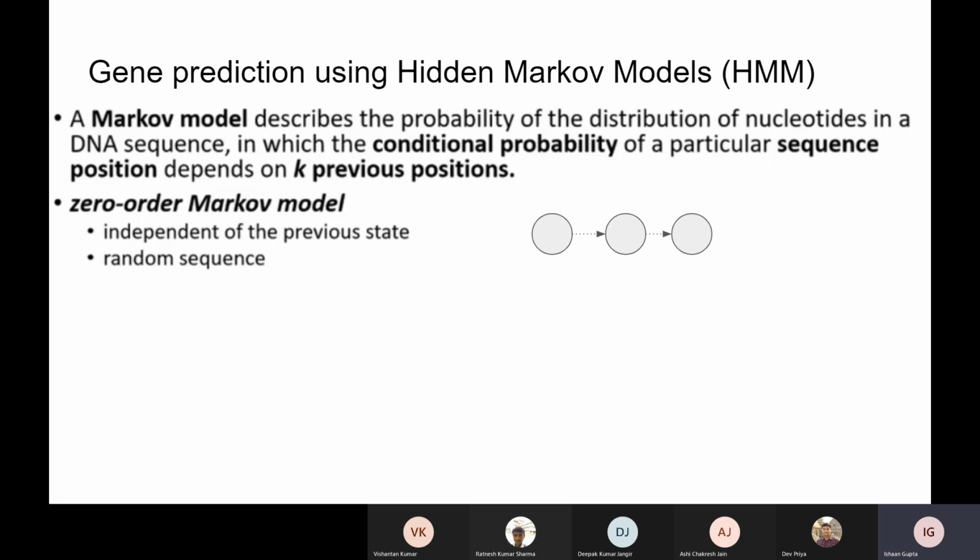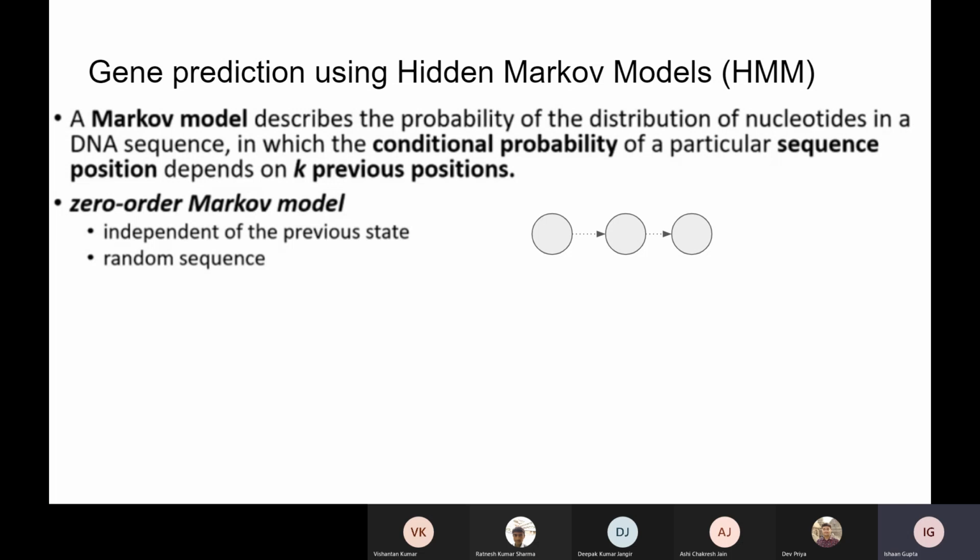Okay, so you have the most basic Markov model, which is called the zero order model, which basically says that my current DNA sequence, the current observation, does not depend on any of the prior observations. So it's zero order. So k is zero here. This represents the random sequence of nucleic acids in a genome.